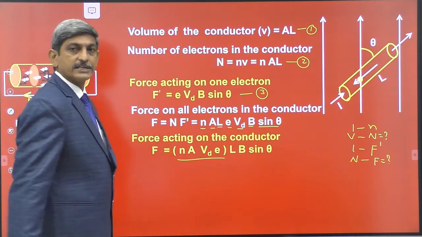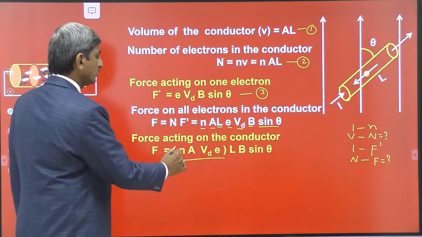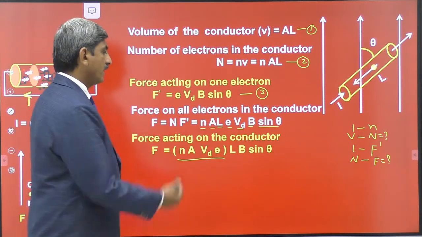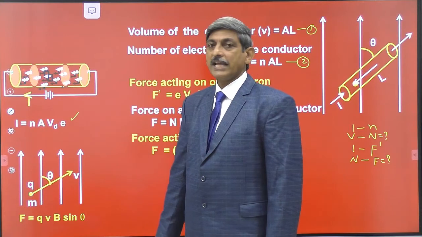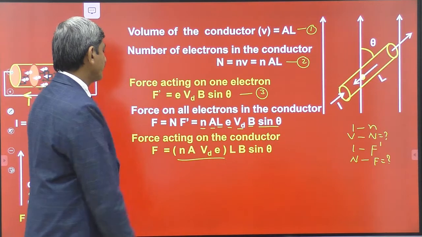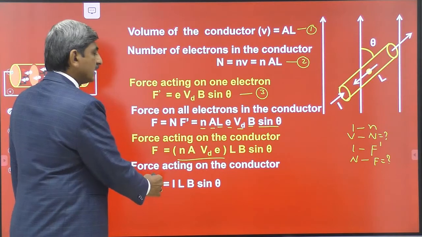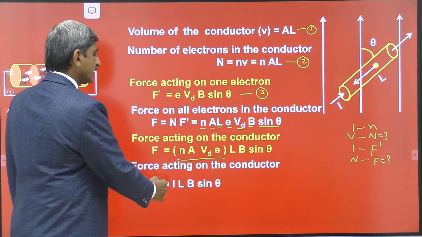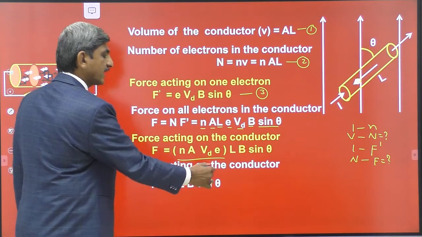We already know that the current passing through the conductor I = nAVde. By substituting this in this equation, we have F = ILB sin theta. Whenever a current carrying conductor is placed inside a magnetic field, the force acting on the conductor can be determined by using this formula. F = ILB sin theta.